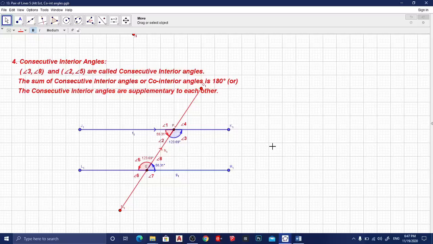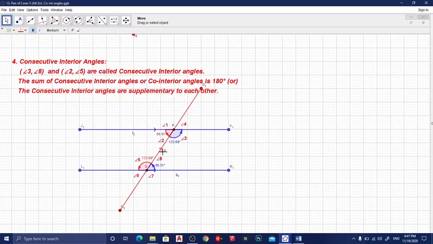So what's the most important property of this one? The consecutive interior angles are supplementary to each other, or we can say that the sum of the consecutive interior angles is always 180 degrees. Like that also we can say the sum of the consecutive interior angles or co-interior angles is 180 degrees, or the consecutive interior angles are supplementary to each other.